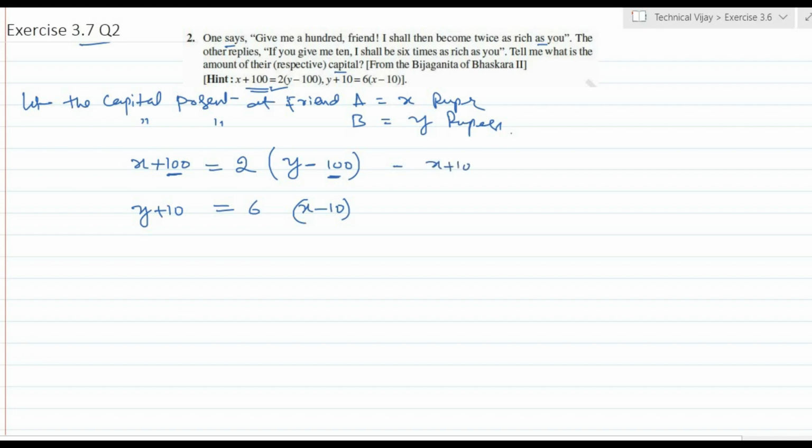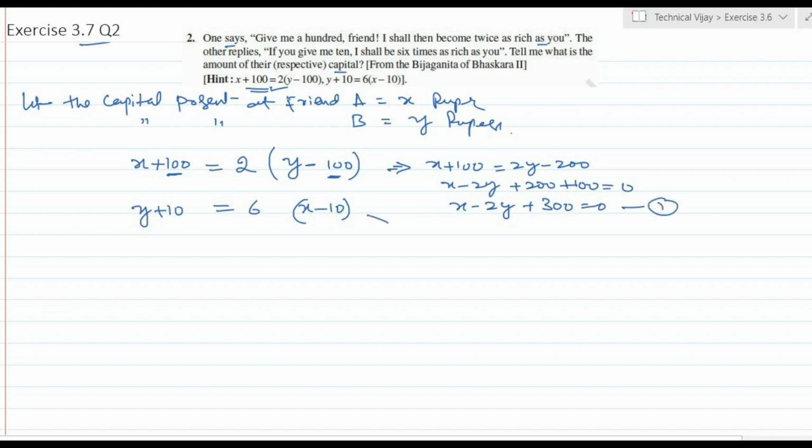X plus 100 is equal to 2Y minus 200. So X minus 2Y plus 200 plus 100 is equal to 0, so X minus 2Y plus 300 equals 0. This is equation number 1.